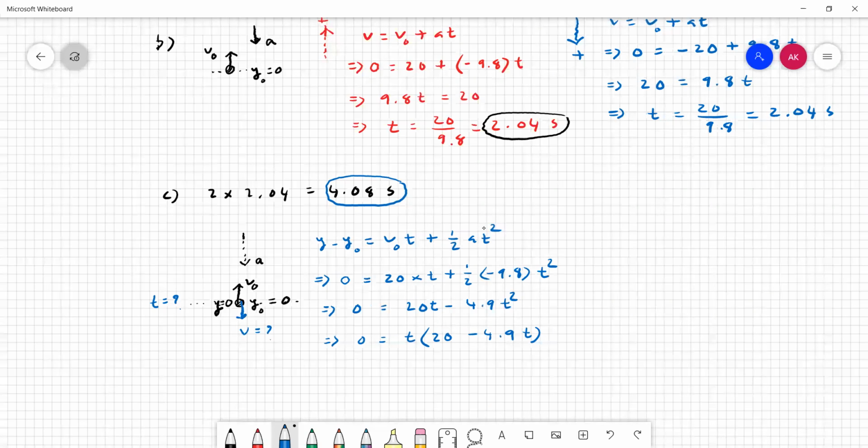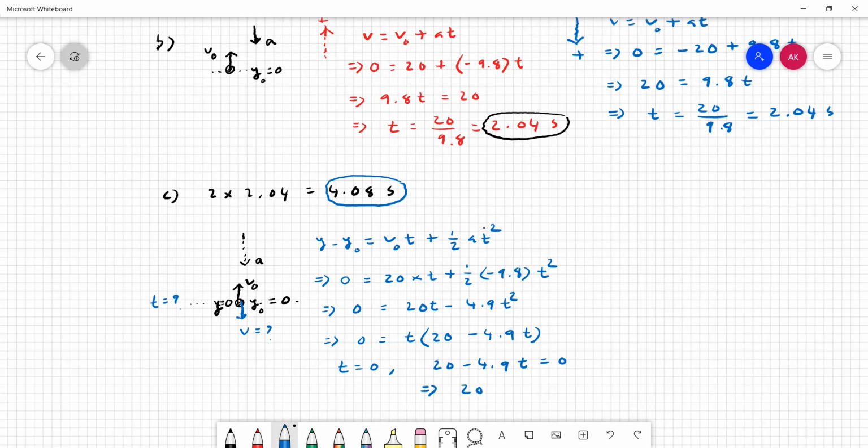So we will have two solutions for this one. One is T equal to 0, which does not make sense, because if we throw the ball in the upward direction, the time for the ball to travel going up and coming down must not be 0. It should be more than 0. The other solution is 20 minus 4.9T must be equal to 0. From there, we can solve for T.